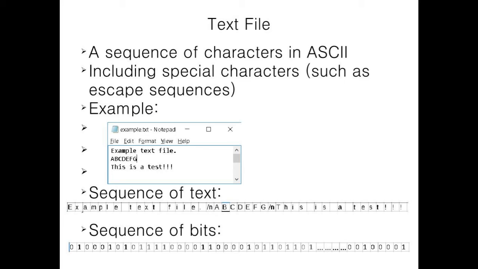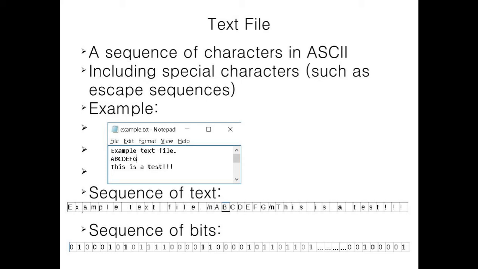Notice that the new line character is also included as one of the characters in this sequence, represented using an escape sequence. And this sequence of text is basically just a sequence of 1s and 0s. The first character, the capital E, is encoded in 8 bits, as shown in this example: 0, 1, 0, 0, 0, 1, 0, 1.